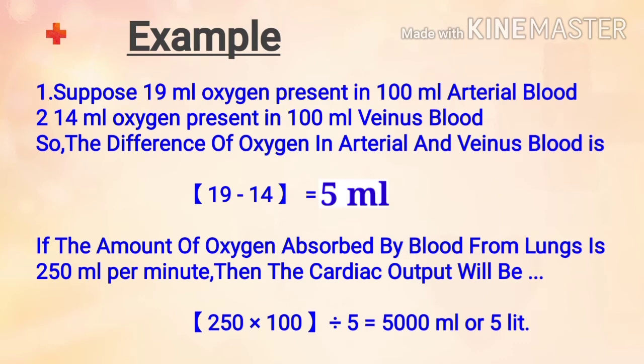If the amount of oxygen absorbed by blood from lungs is 250 ml per minute, then the cardiac output will be 250 into 100 divided by 5 equals 5000 ml or 5 liter.